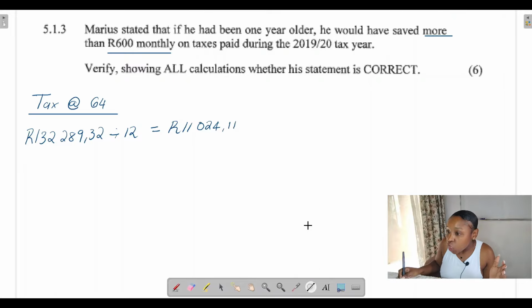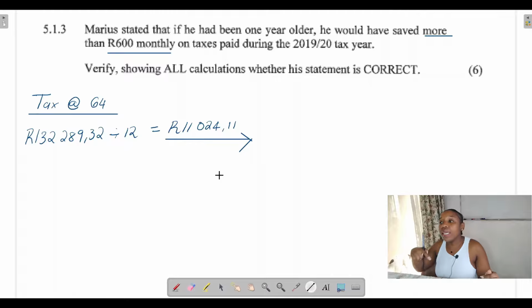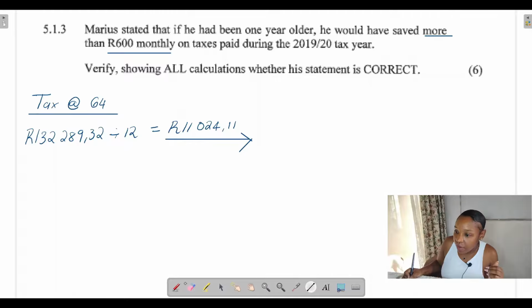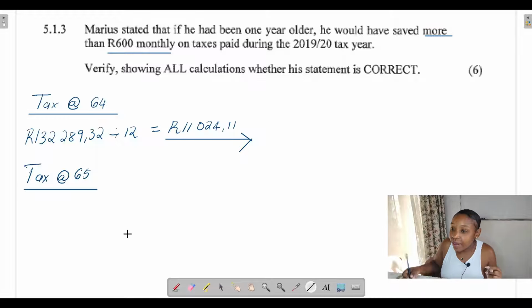So now we need to determine how much tax he will pay when he is a year older, at 65 years old.